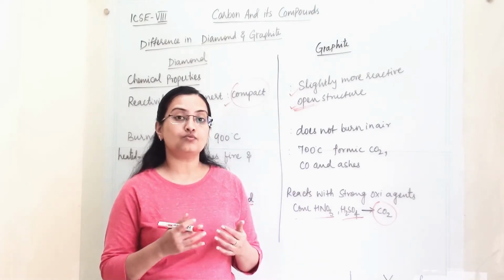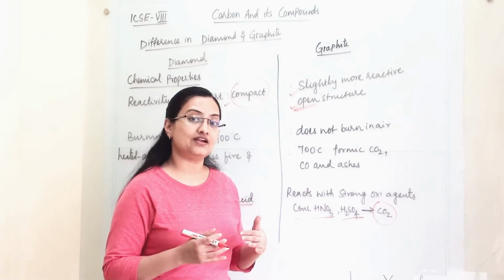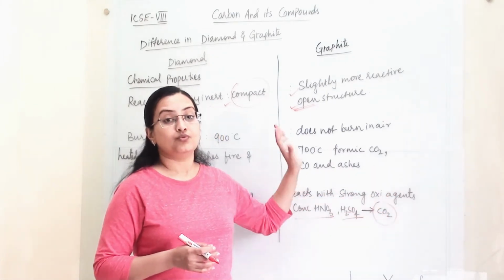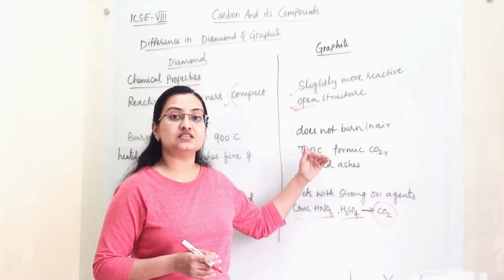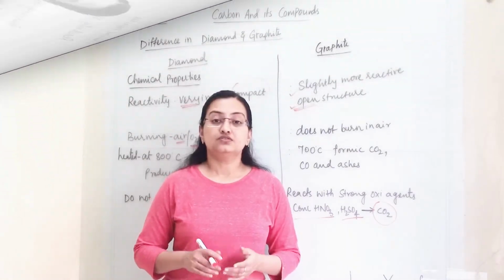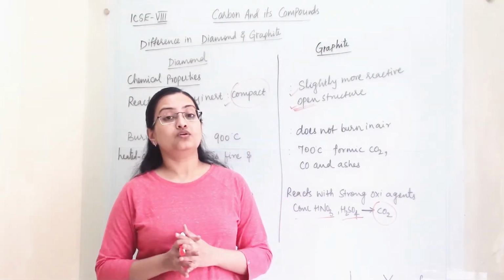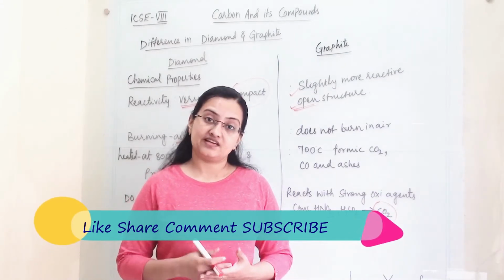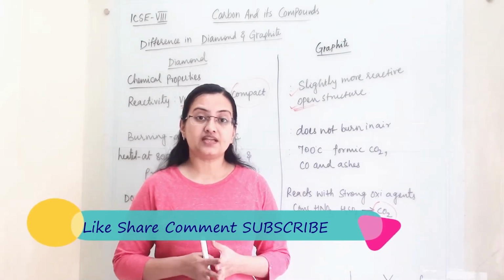So it is more prone to attack by any kind of reagent, especially an oxidizing agent. So we can say that graphite is slightly more reactive compared to diamond. These were the main differences between diamond and graphite in their reactivity, their lattice structure, their chemical property and their physical property.